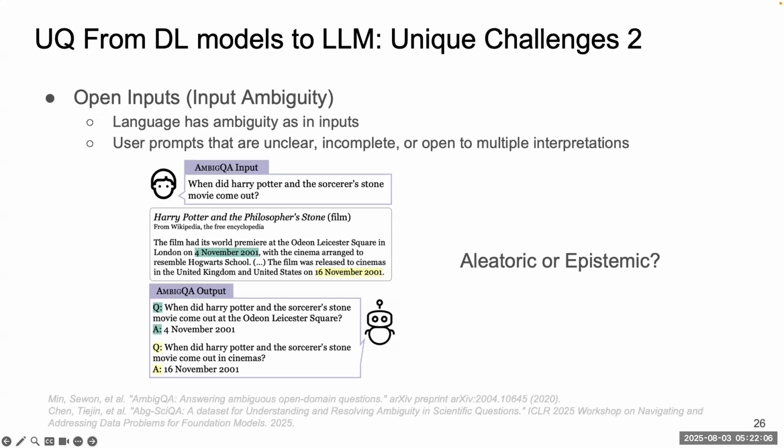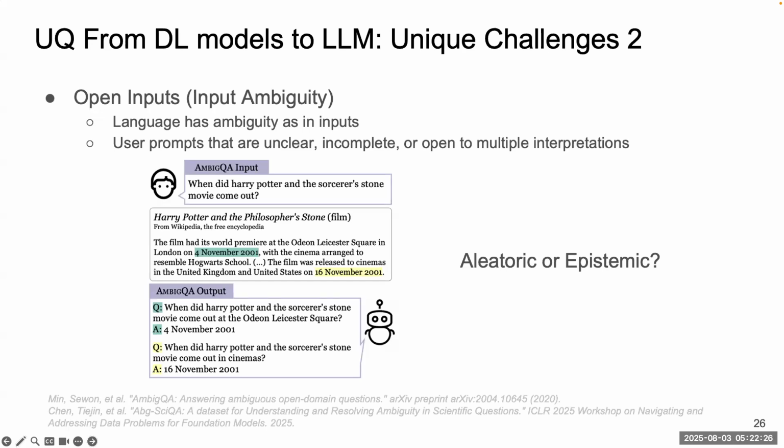Sometimes people describe their need in unclear or incomplete prompts, and they have to clarify with multiple interactions, and the same sentence could have multiple interpretations.